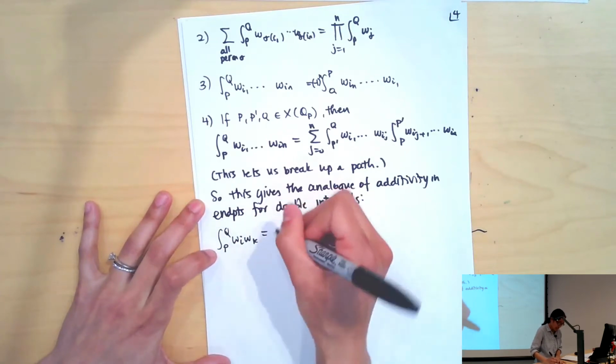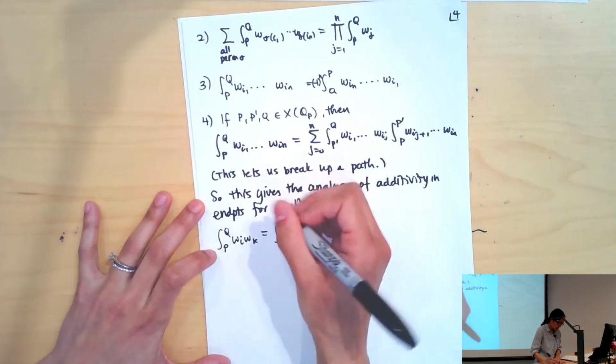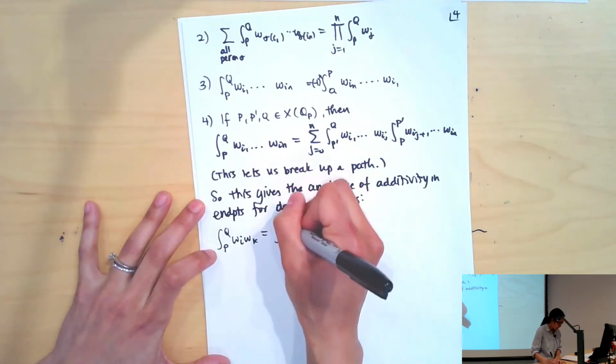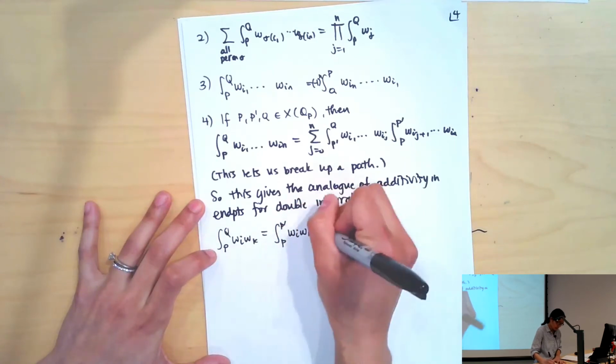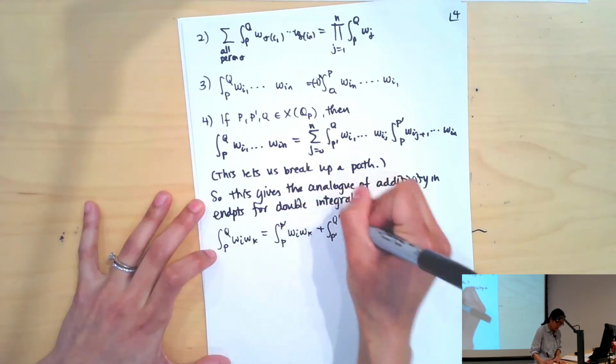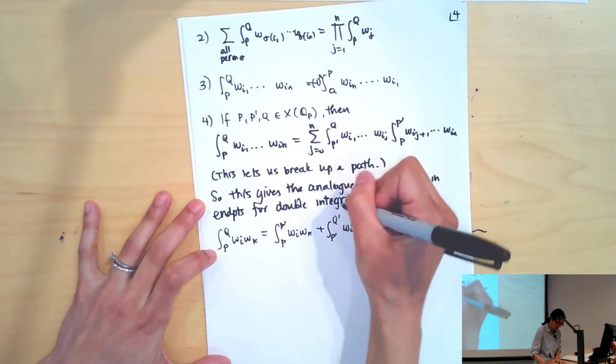So if I'm integrating from p to q, but I'm introducing this third point p prime, so I go from p to p prime, omega I, omega k, plus p prime to q prime, omega I, omega k. Oh, I don't have a q prime. Sorry.